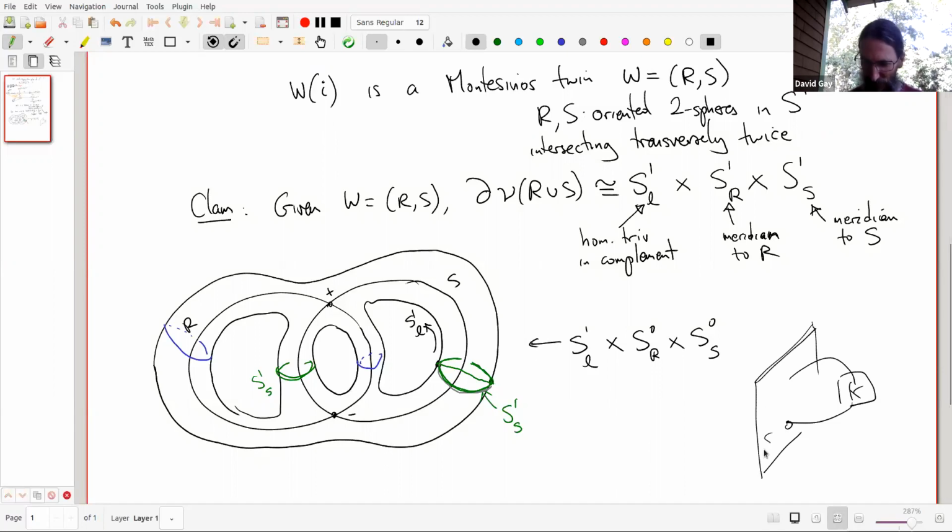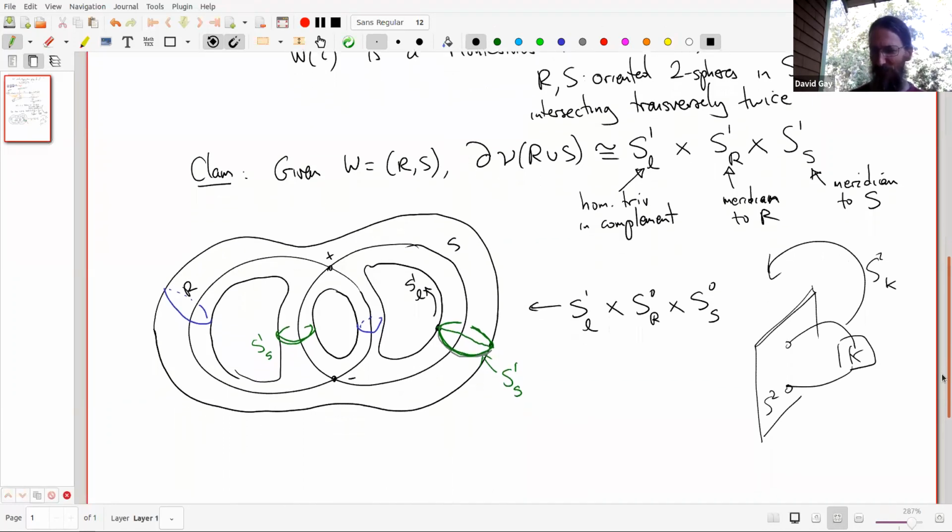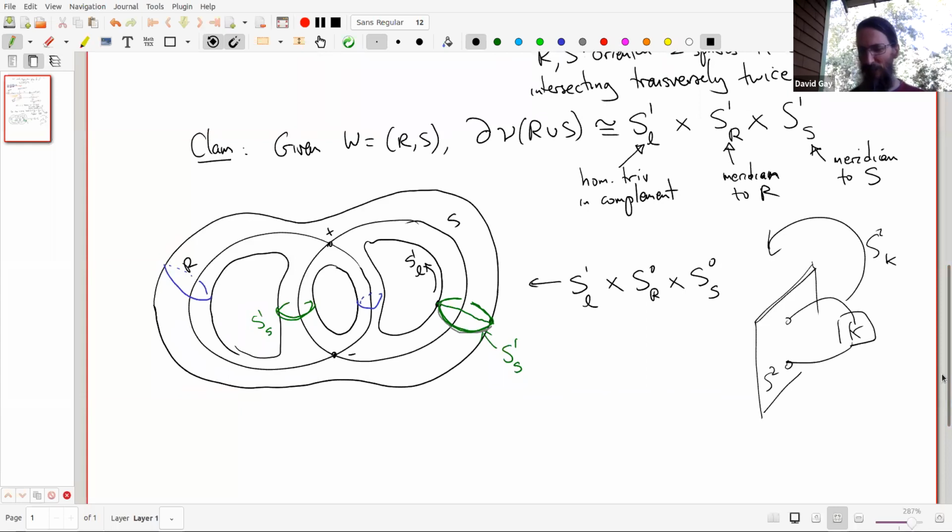If you think of the half plane as a 2 sphere and you spin this knot around, then that knot spins out another 2 sphere, S sub K, and these two spheres intersect transversely at 2 points. So a good prototype example is this. I think Montesinos in some sense was originally interested in generalizing this setup. Any other questions?